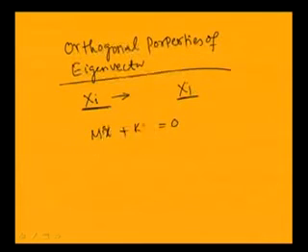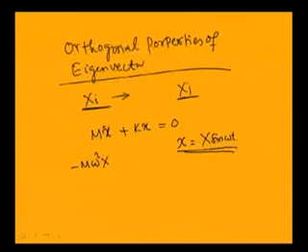I can substitute x equal to X sin omega t, and write this equation as minus m omega square X plus k X equal to 0, or k X equal to m omega square X. For the ith mode, I can write k x i equal to lambda i m x i, where lambda i equal to omega i square.